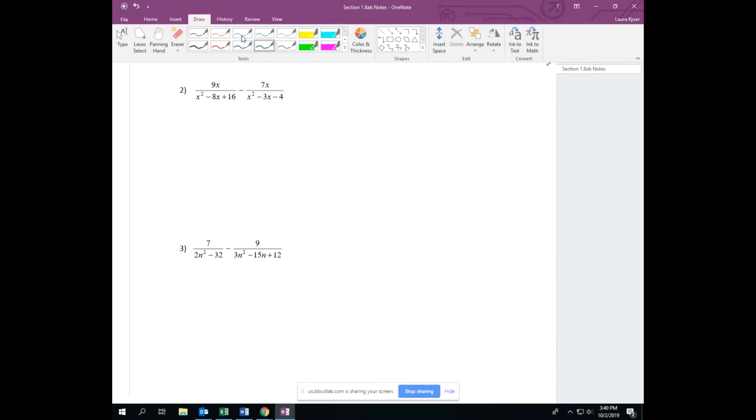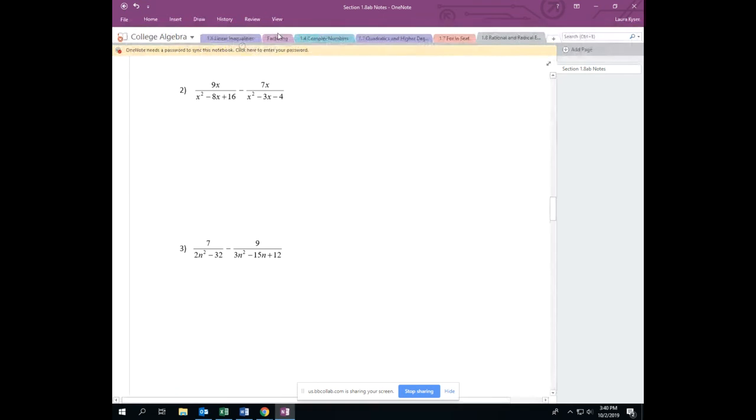In these two different problems, we have denominators that can be simplified. And so we definitely want to begin by getting both of these denominators in factored form so that we can see what they're made of, and that way we can tell what they have in common and what they don't. So I'm going to start by factoring the left-hand side.